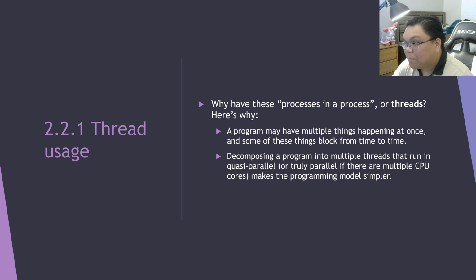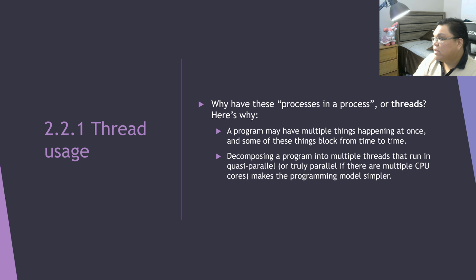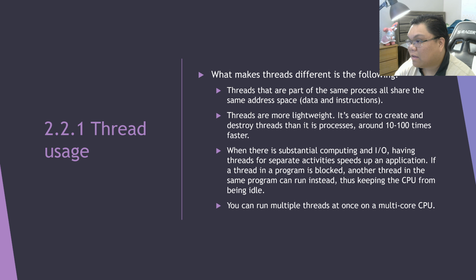If we decompose a program into multiple threads that run quasi-parallel, or truly parallel if we have multiple CPU cores, it makes the programming model simpler. So here's what threads add to the picture. However, let's see what makes threads different from processes.